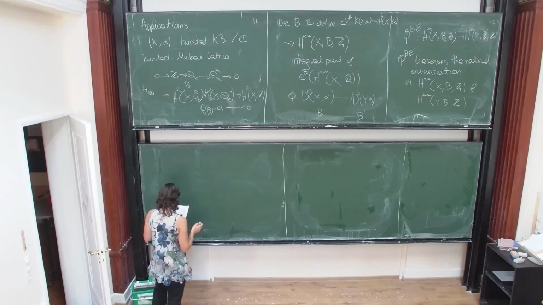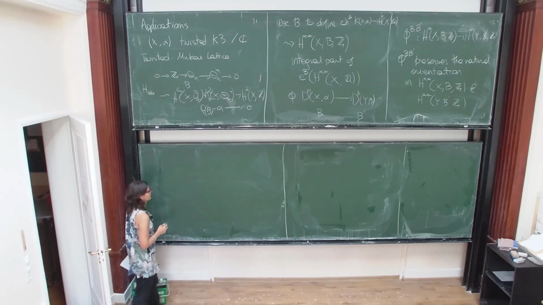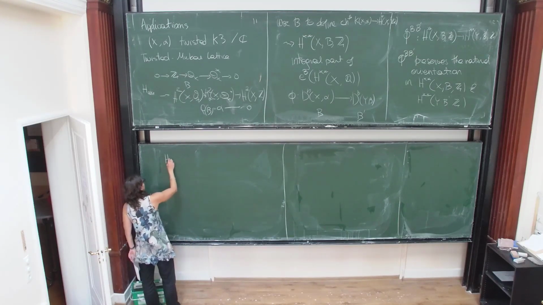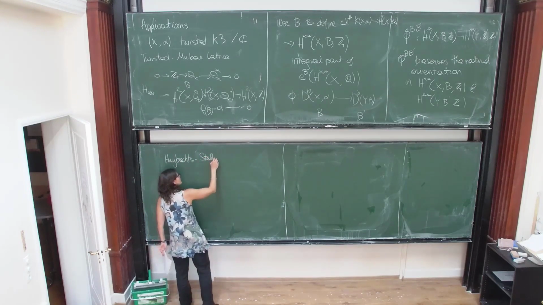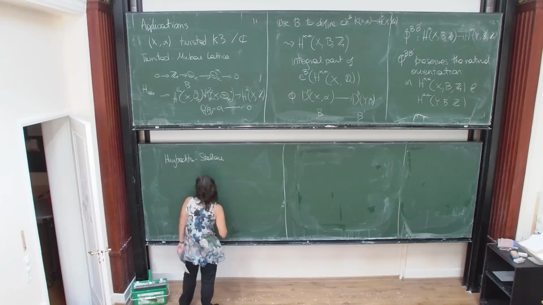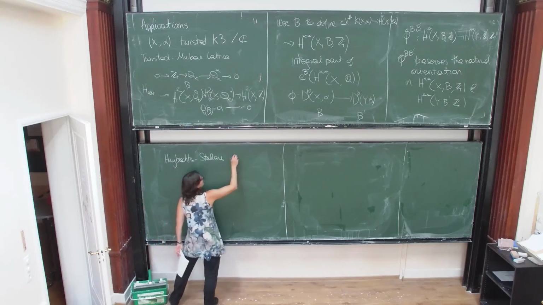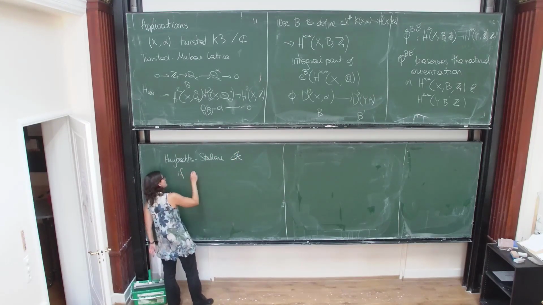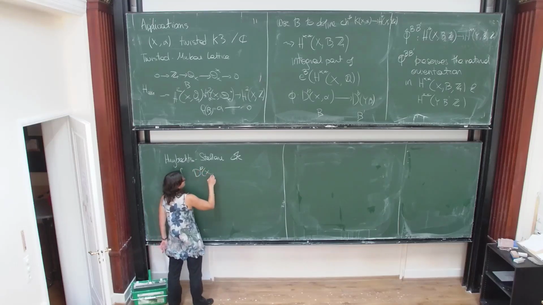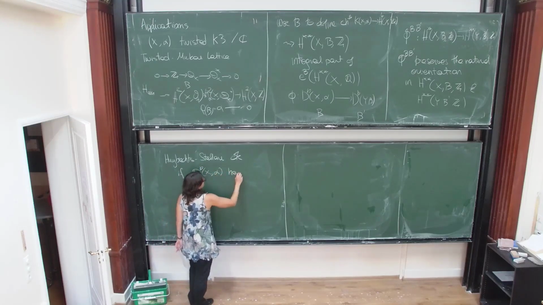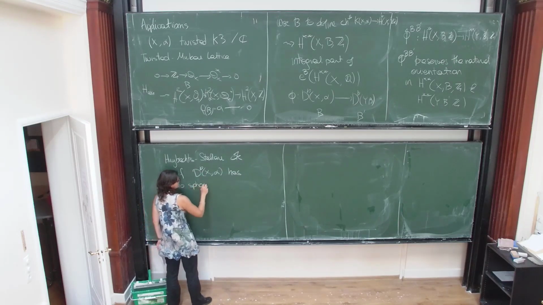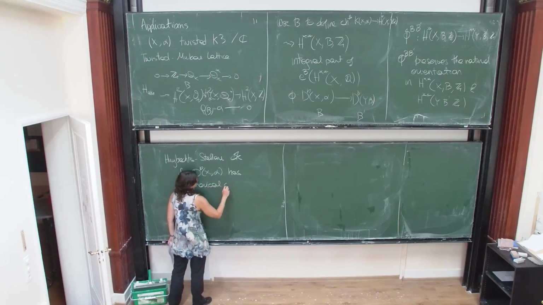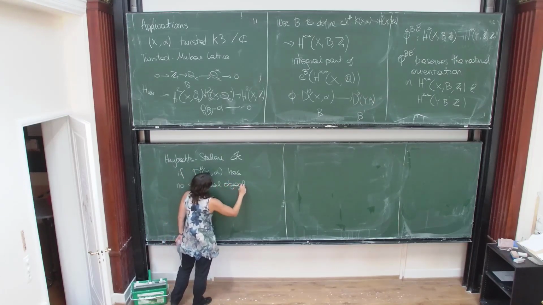So the point is, it was known by Huybrechts and Stellari that it was okay if D^b(X, alpha) has no spherical object.